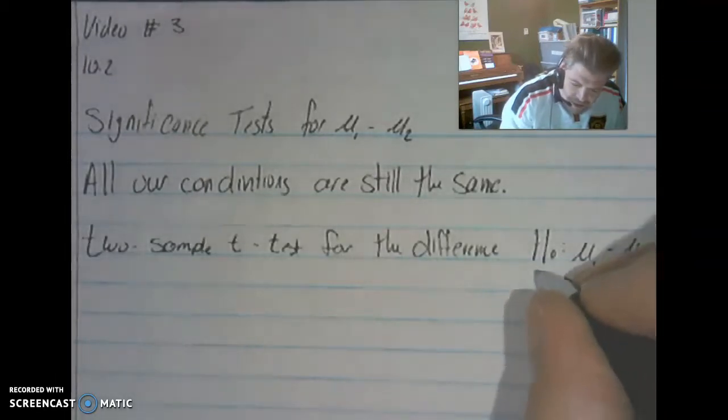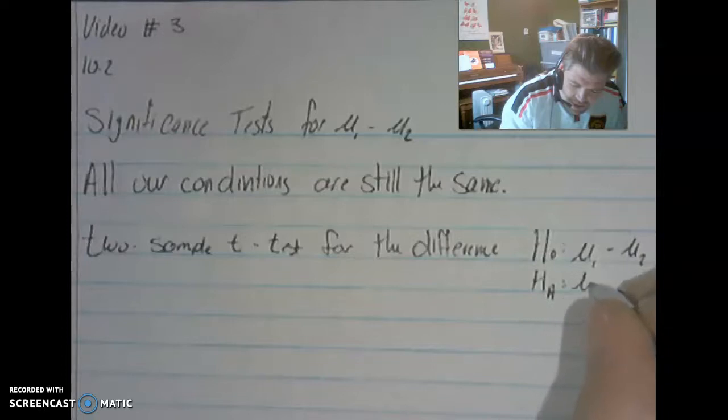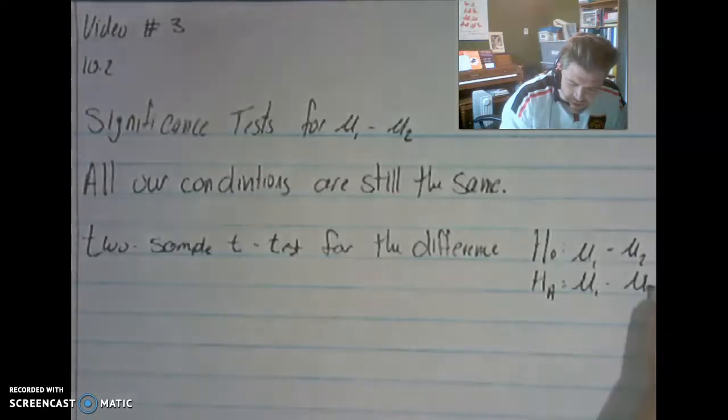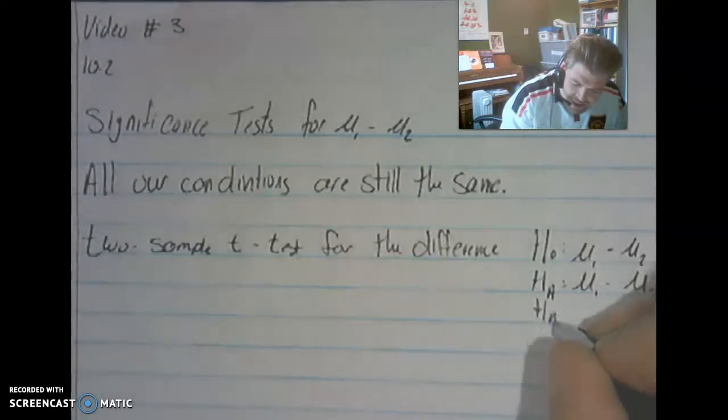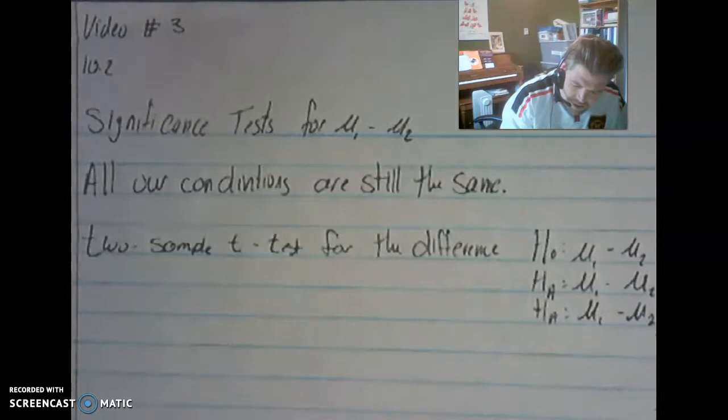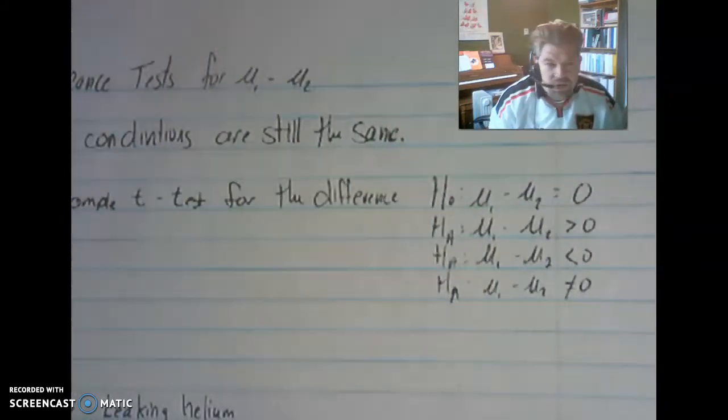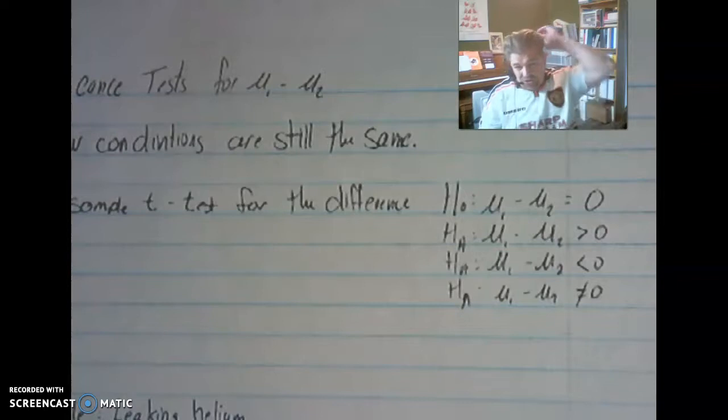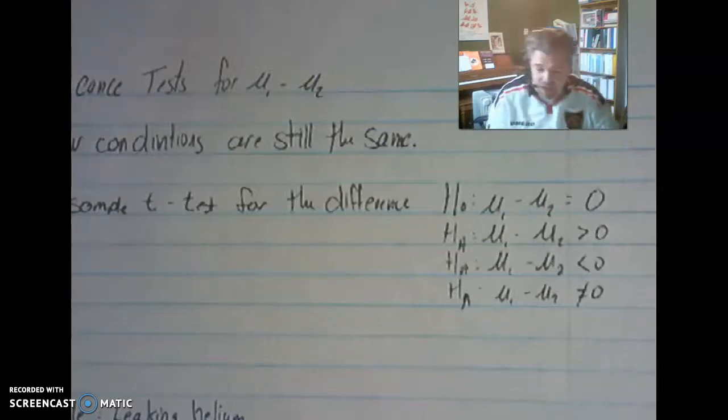Our alternative hypothesis is going to be, of course, everything else we've already done. We're either going to have a one-tail test or a two-tail test. So there's your null hypothesis and there's your alternative hypothesis. You're either going to have one tail or two tail, just like normal.